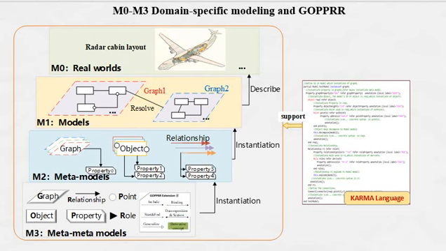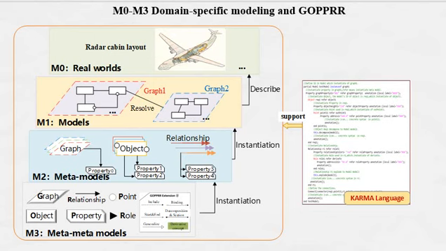Mathematical models refer to the 6 key elements, including graph, object, point, property, relationship, and role, which are used to construct math models. In this paper, math models are constructed based on the GOPPRR specification. Math models are the model compositions for developing models. The models are used to describe the real world.